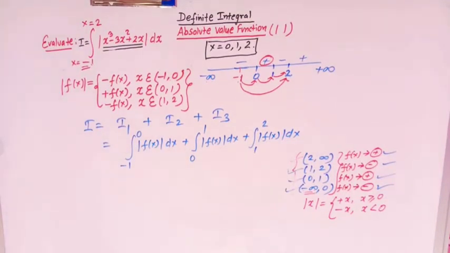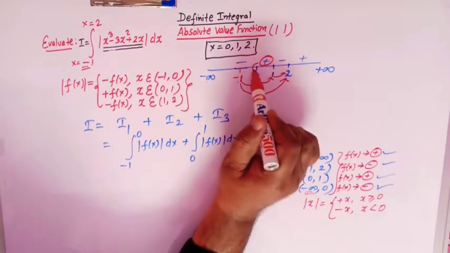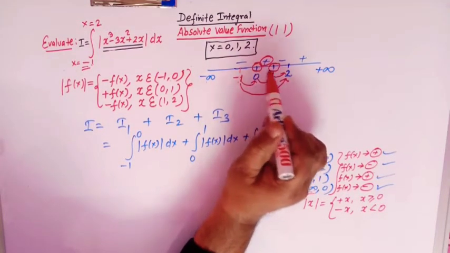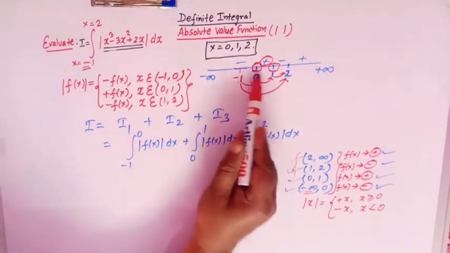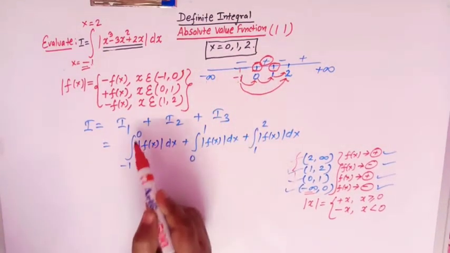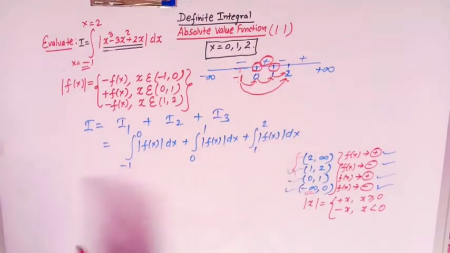So here we see that we have the points 0 and 1 where we have to break the limits, right? So first is from -1 to 0, and then 0 to 1, and then 1 to 2.